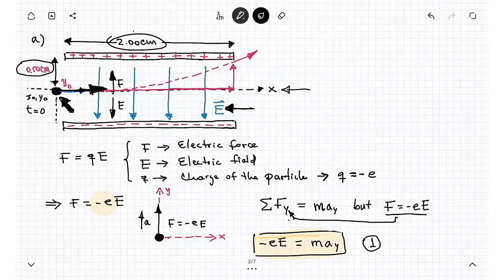If there is no force, when the particle enters the region horizontally, it will leave the region at this same position, so it will travel just horizontally.